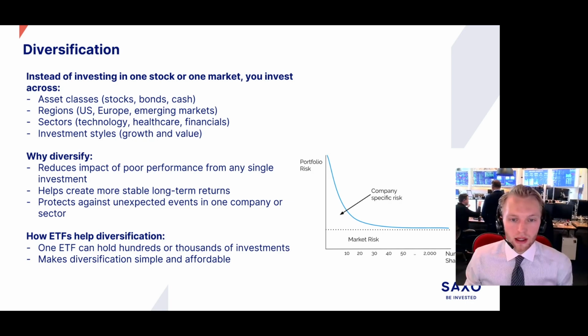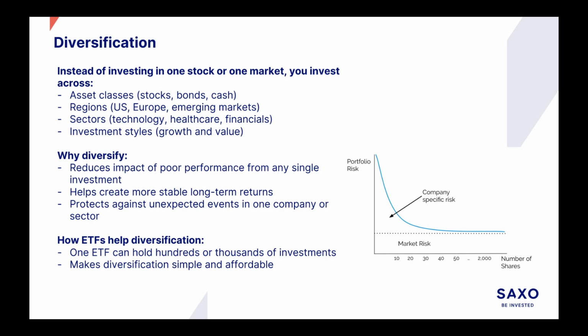I've also tried showing this effect of diversification in the small graph, where you can see that the larger the number of shares, the lower the portfolio risk. And then you have a bottom line in terms of the market risk, which is more difficult to diversify away, I would say.